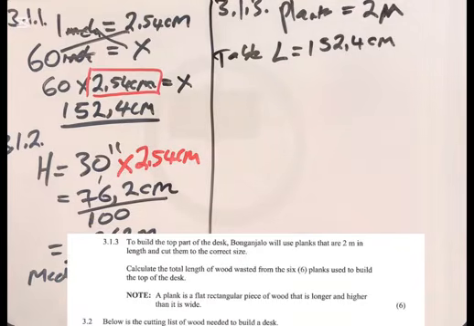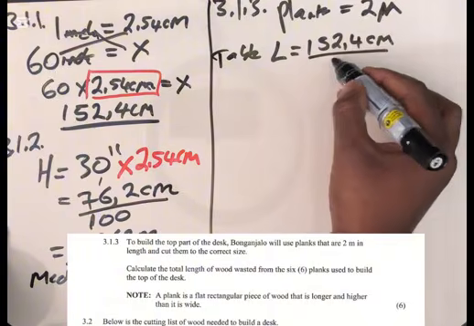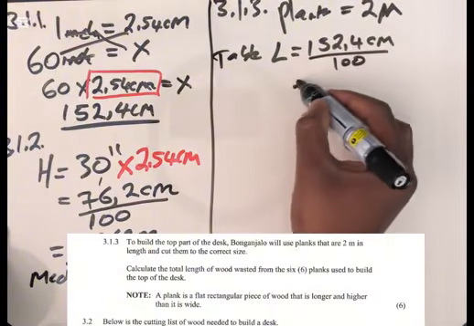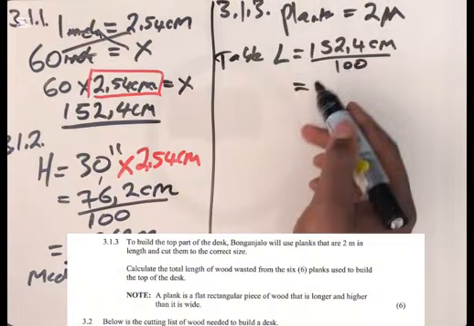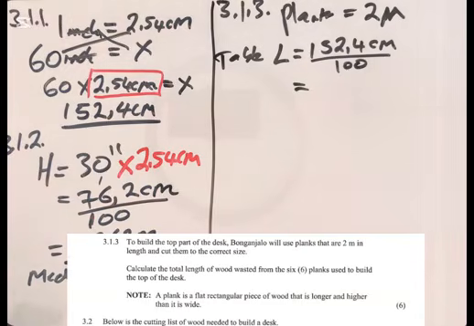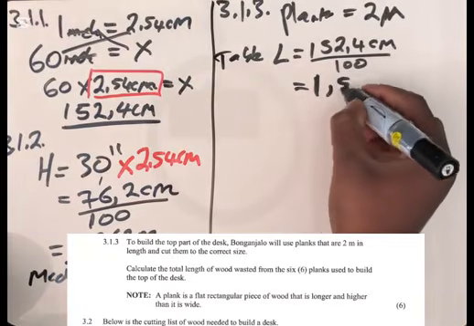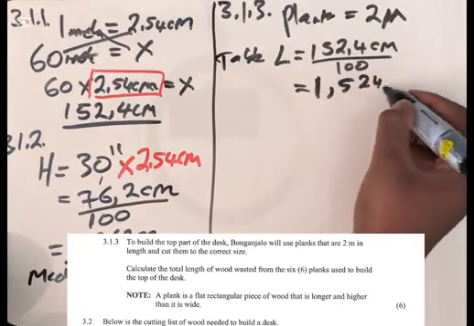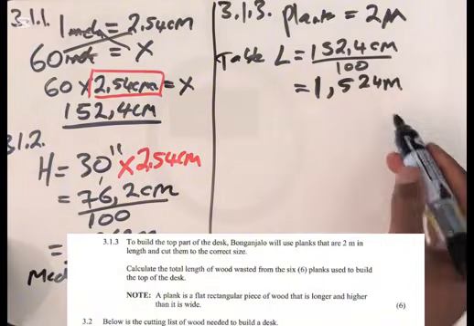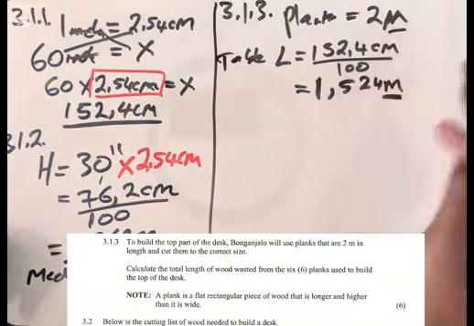To convert centimeters to meters, we just divide by 100. This is the length of the table that we calculated in the first question. So 152.4 divided by 100 is the length of the table in meters. Everything is now in meters.